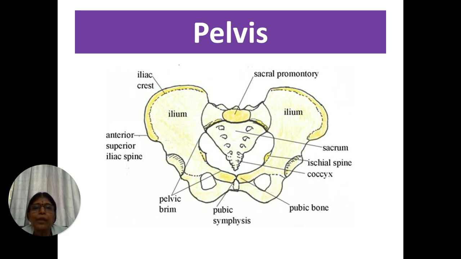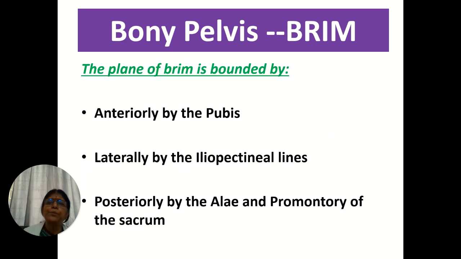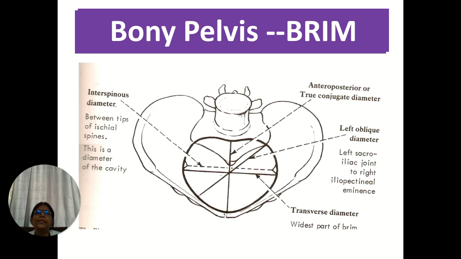This semicircular line is called the linea terminalis, and the linea terminalis on both sides forms the inlet of the pelvis. The brim is bounded anteriorly by the pubis, laterally by the iliopectineal lines, and posteriorly by the ala and promontory of the sacrum. At the brim, what are the dimensions which are important?